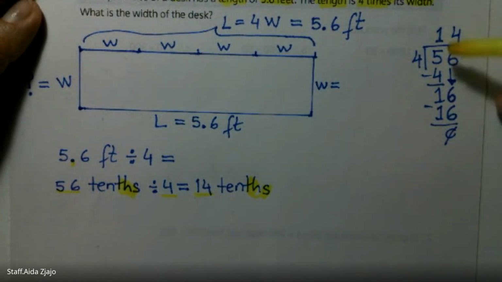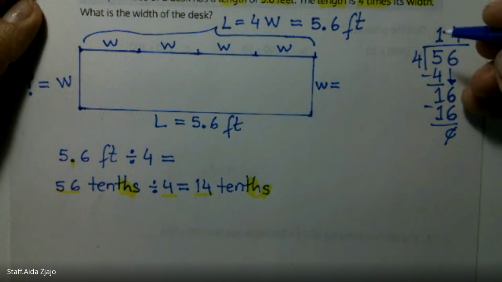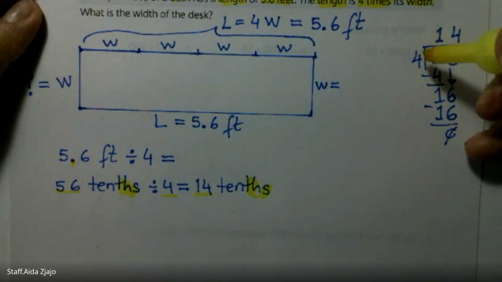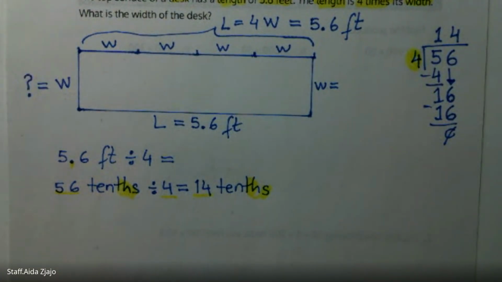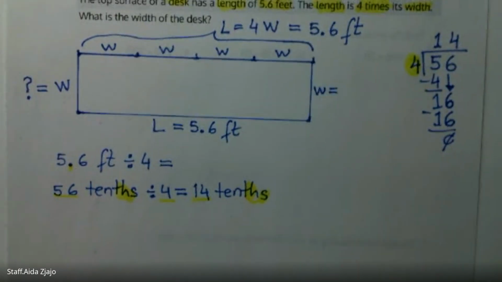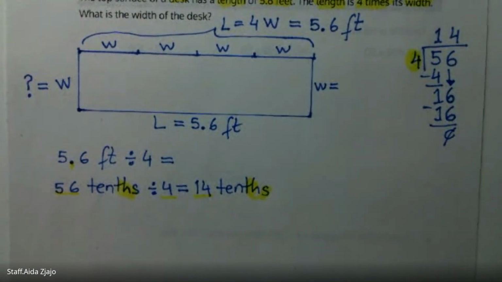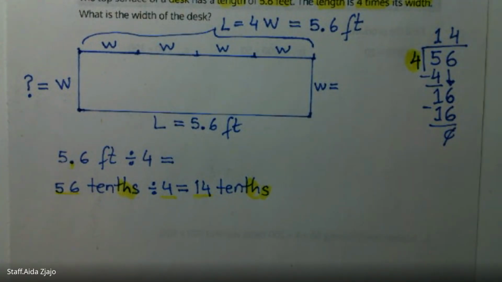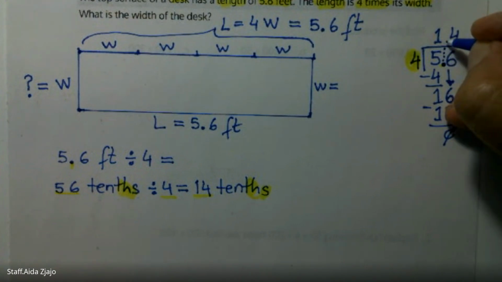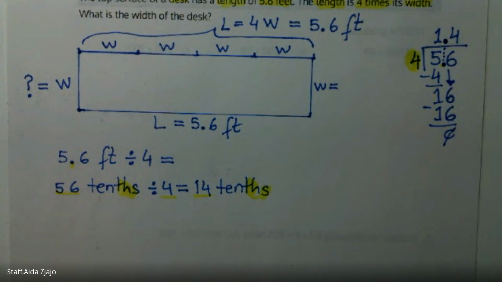If you look now, this is the same thing. My dividend and divisor: my divisor is a whole number, and my dividend has a decimal. So the decimal is going to stay in the same spot above.